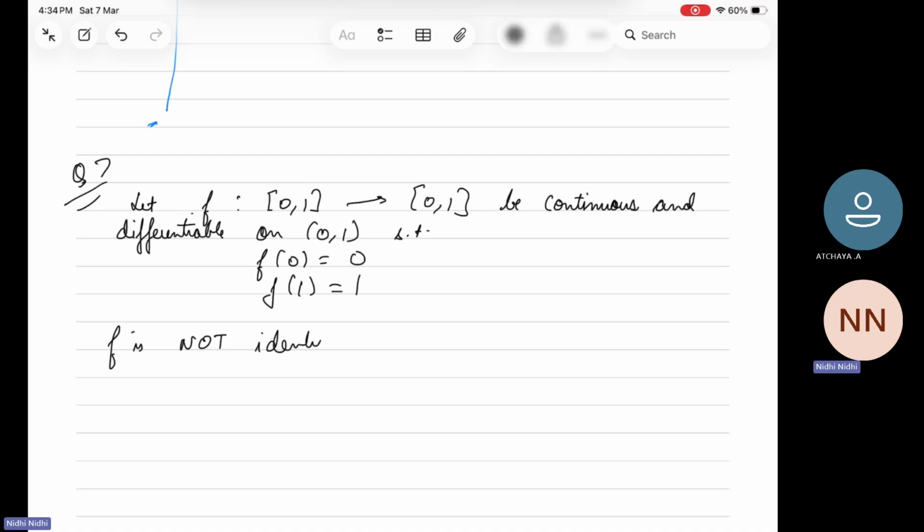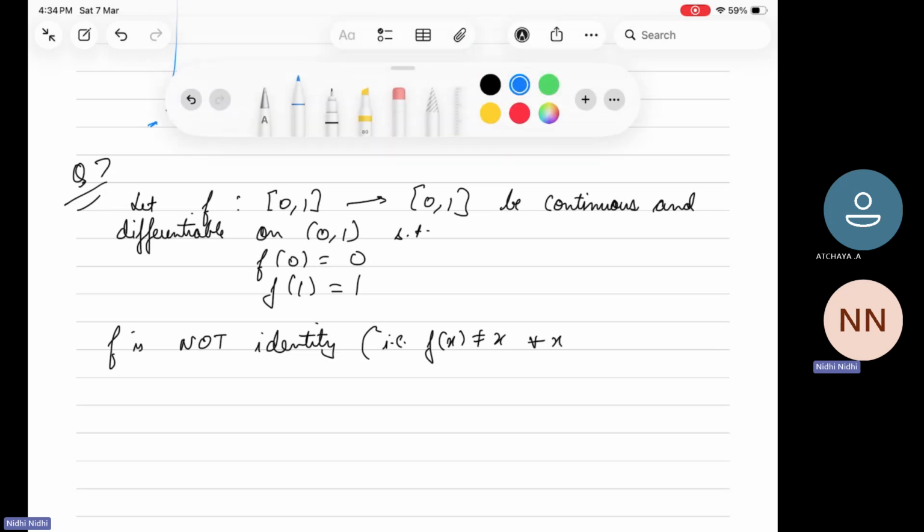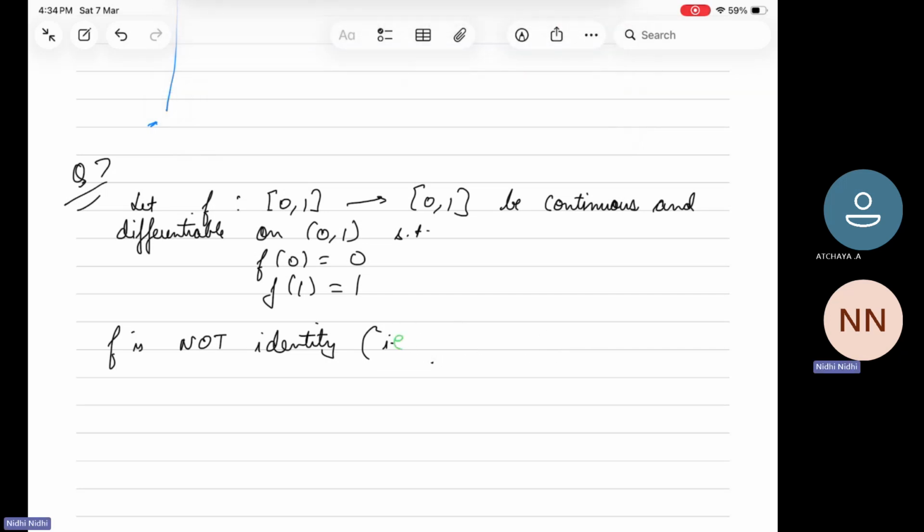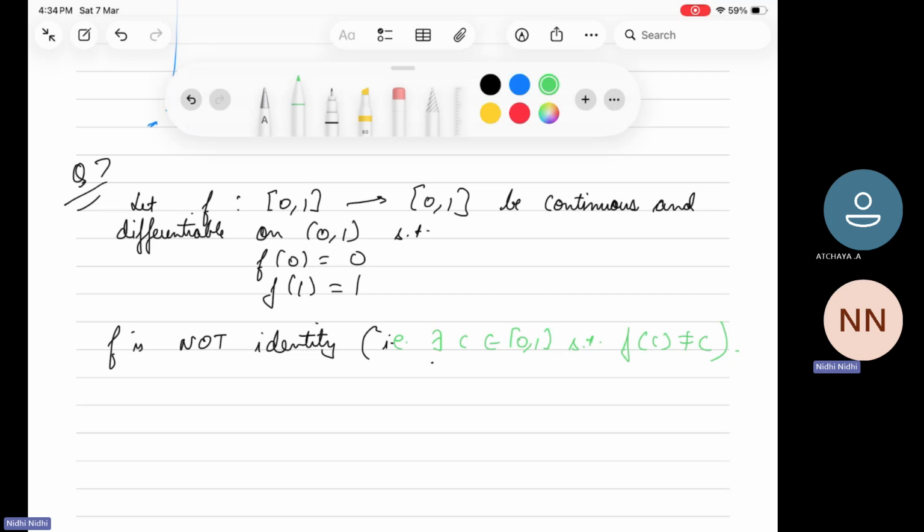That means f(x) is not equal to x for every x. That means, or we can say that there exists some point, that is, there exists some c in closed interval 0 to 1 such that f of c is not equal to c, because the function f is not identity.